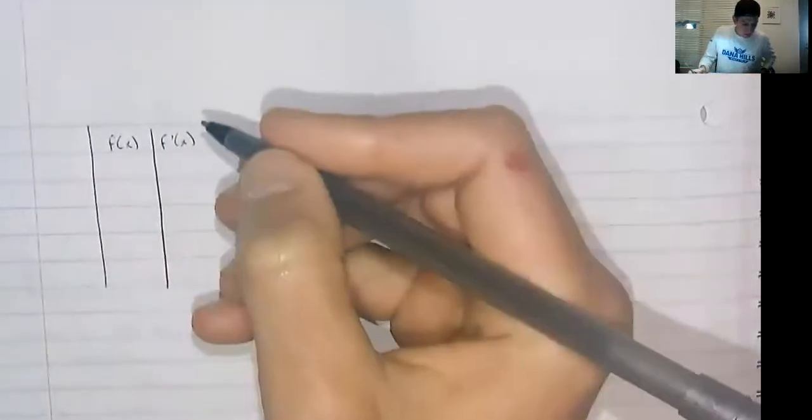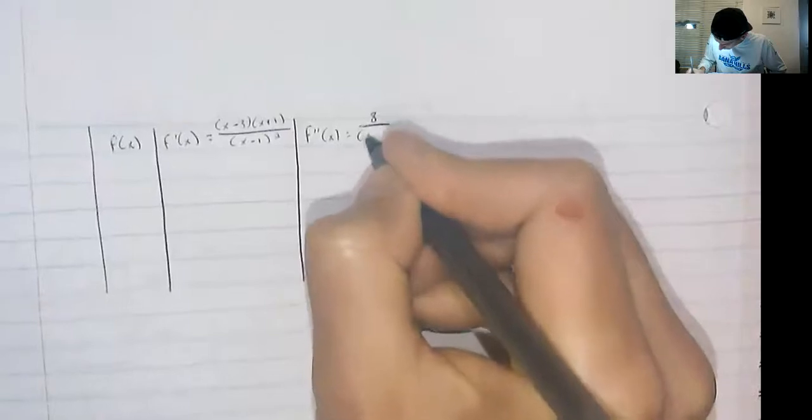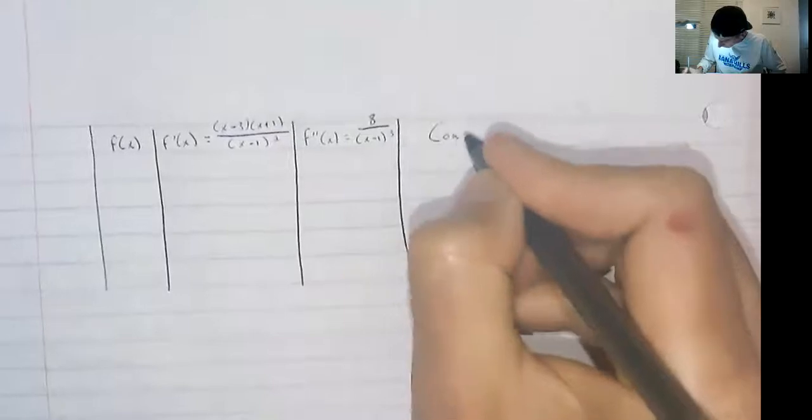We'll have f of x. We'll have f prime of x. And we are actually going to write out what f prime of x is just to help us: x minus 3, x plus 1 over x minus 1 squared. And then f double prime is 8 over x minus 1 cubed. And then we'll have a conclusion column.